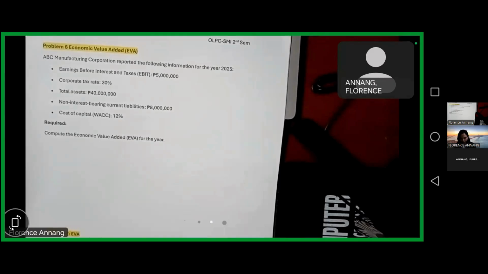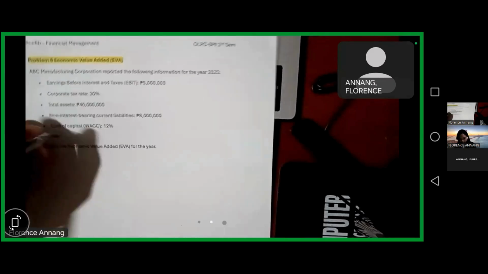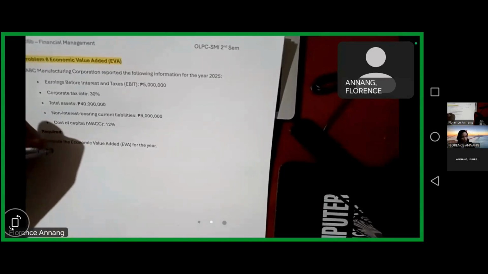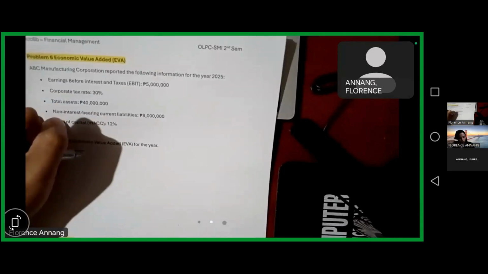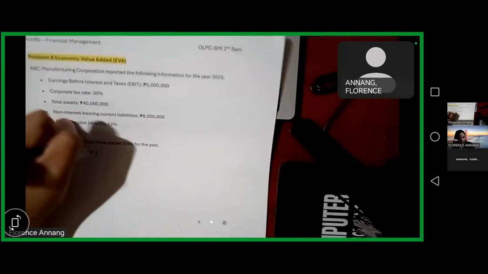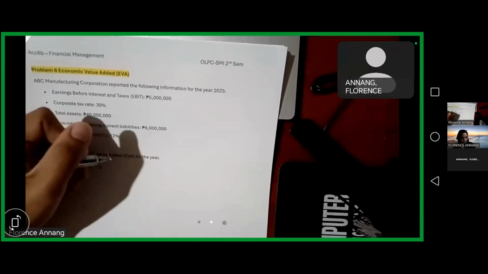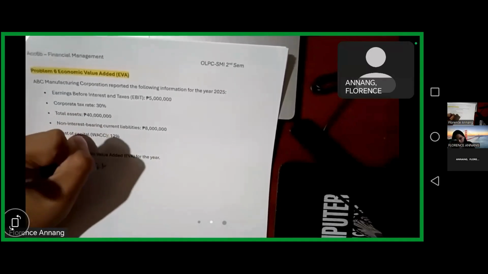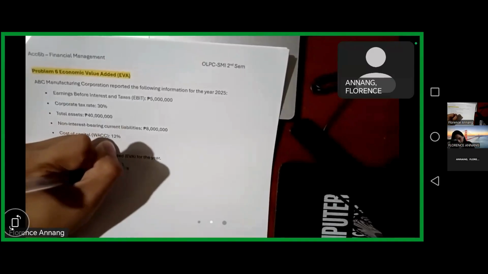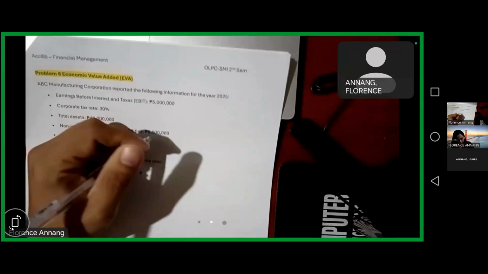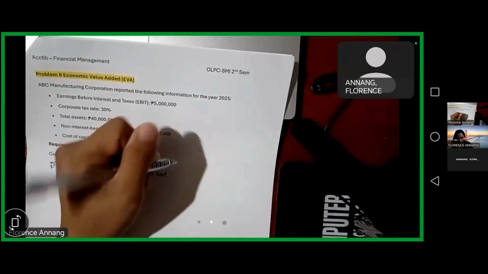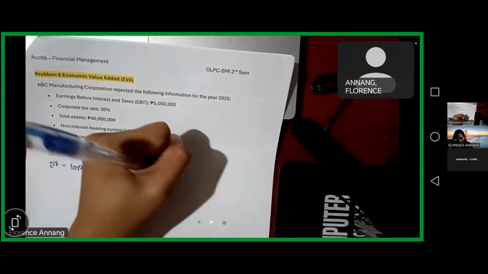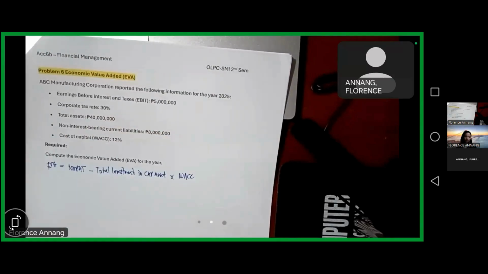Last meeting, sabi natin EVA is equal to your NOPAT less your total investment in capital times your WACC or your after-tax rate of cost of capital. Yan yung ating WACC.